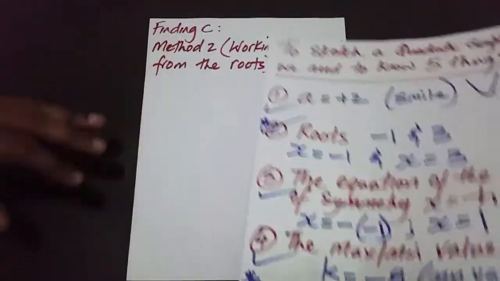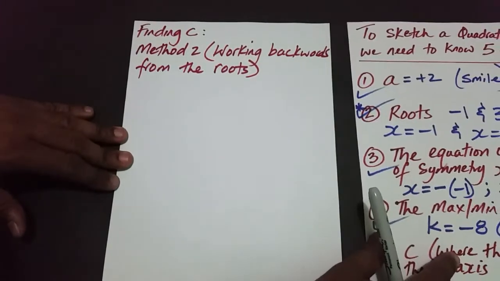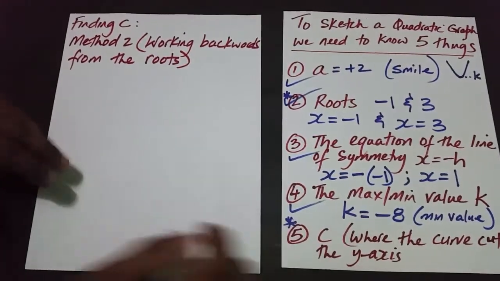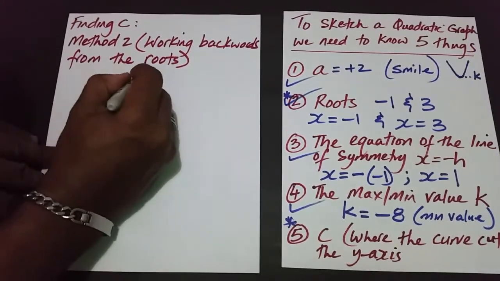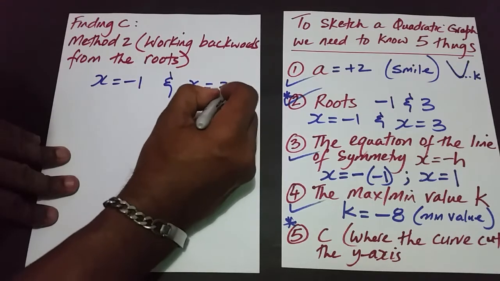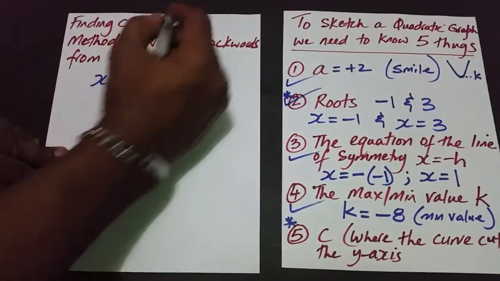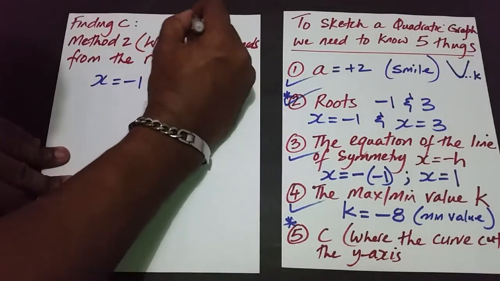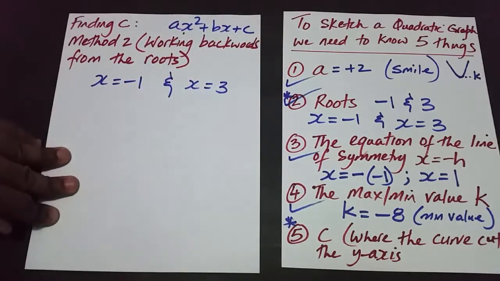So what I'm going to be doing is working backwards from the roots to find the value of essentially c. So we had x equals minus 1 and we had x equals 3, and those are the roots. So we're going to actually work backwards and generate the quadratic form and then be able to identify what c is. What do I mean?